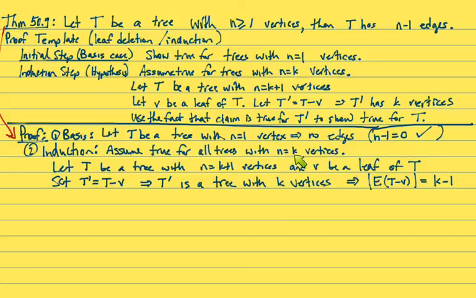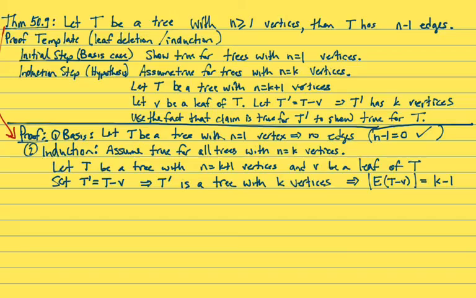We assumed that if the tree size was k, this formula held, so it's 1 less than the number of vertices, which is k minus 1. Remember, this symbol means the size of the edge set of T minus V, or in this case T prime.